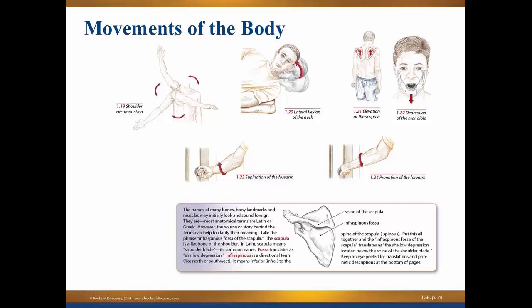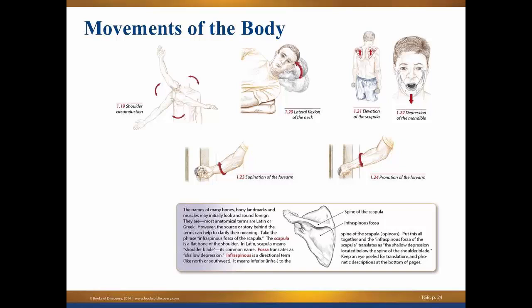Our little diagram here at the very bottom of the slide talks about another anatomical term called the spine of the scapula and the infraspinous fossa. It's good to know the anatomy of the scapula, or of the shoulder blade. That's what you are looking at in this image.